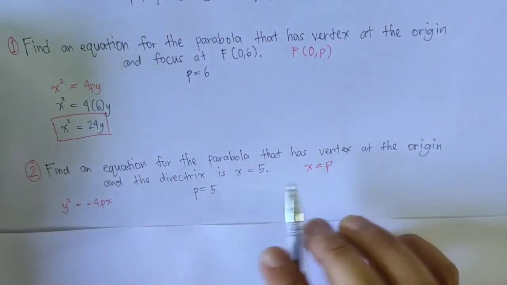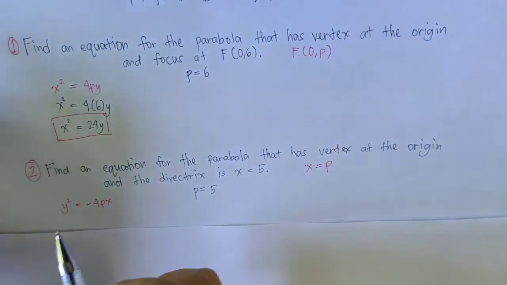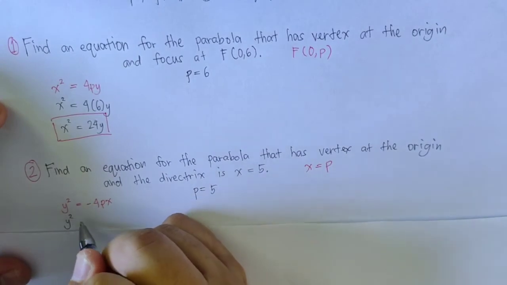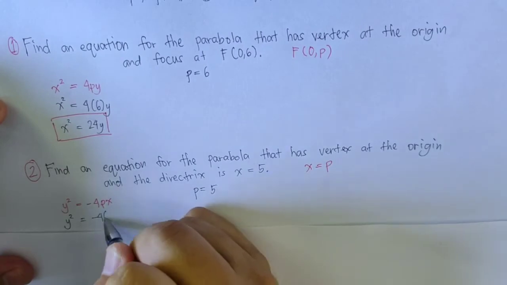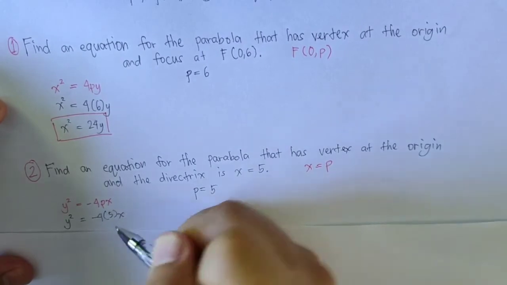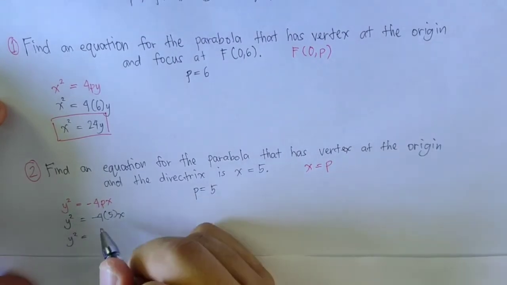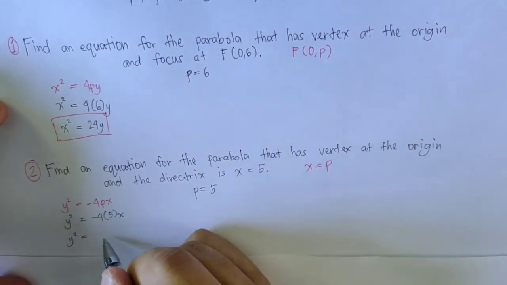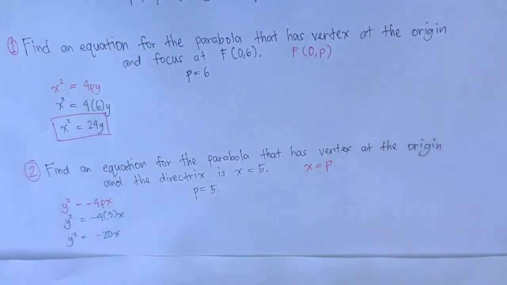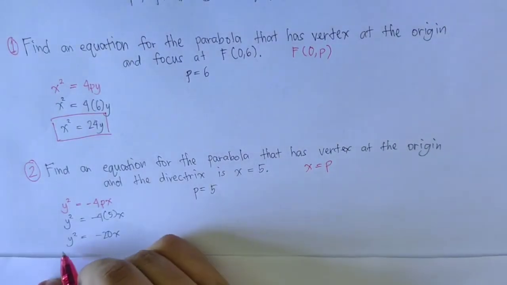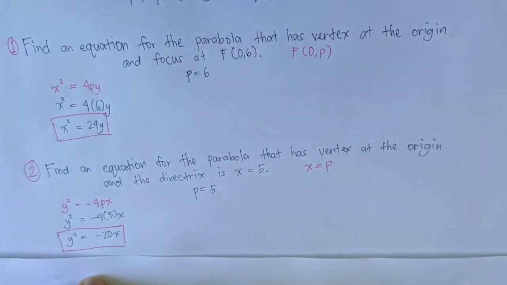Lagyan lang natin yung 5 dito. y squared equals negative 4, yung p natin ay 5, then copy yung x. Multiply lang: y squared is equal to negative 4 times 5 is negative 20, copy lang yung x. So, ang equation na given yan ay y squared equals negative 20x.